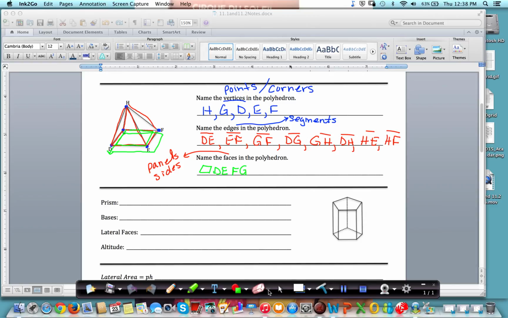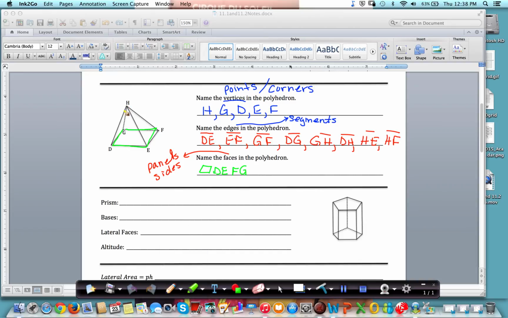Let me get rid of some of this stuff so it's a little easier for you to see. We'll get rid of all these colors for now. We'll just be talking about the green one. Remember, we had just this bottom one, and now I'm going to name the other sides.